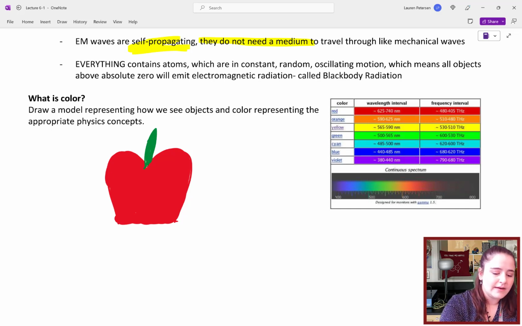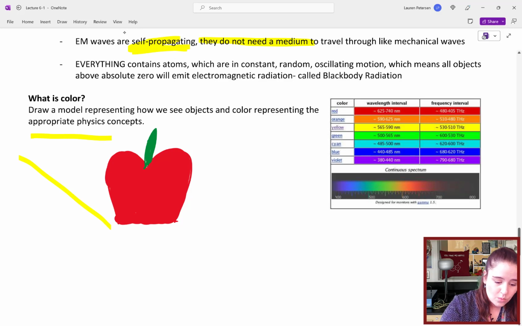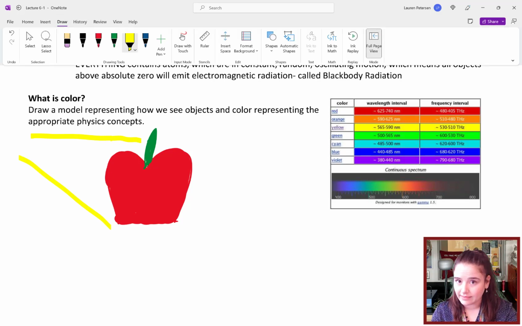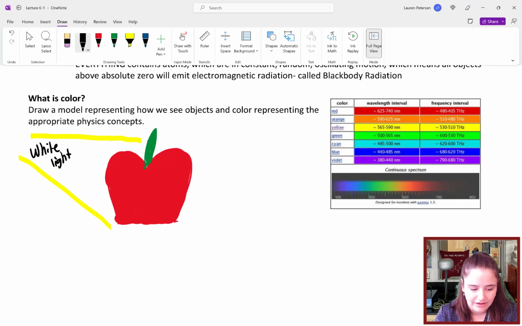Okay. Now, if I shine white light at it, yes, I know it's yellow, but drawing white light on my whiteboard probably won't help much. So I will just label it white light. White light is actually a mixture of all of the colors.